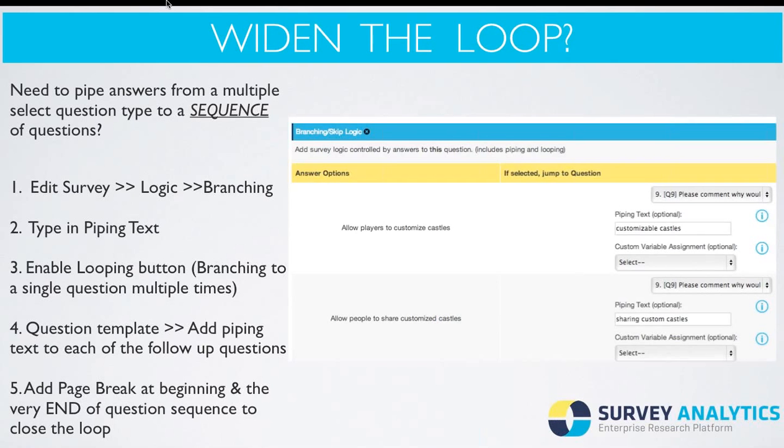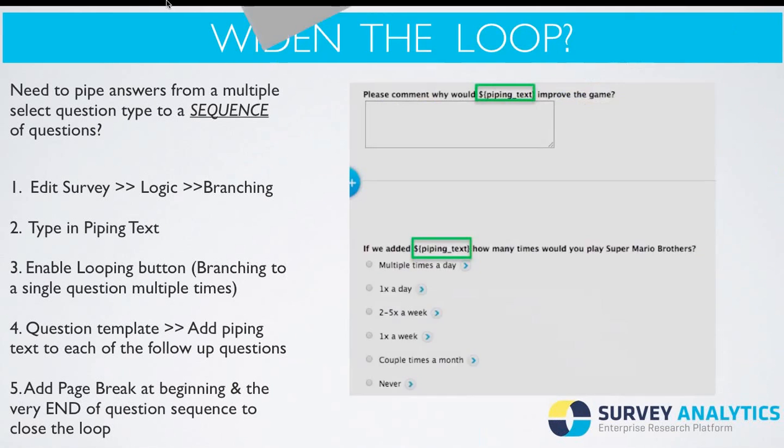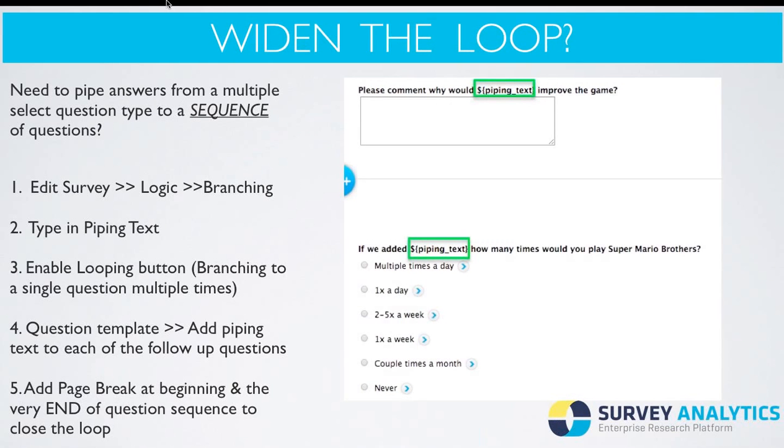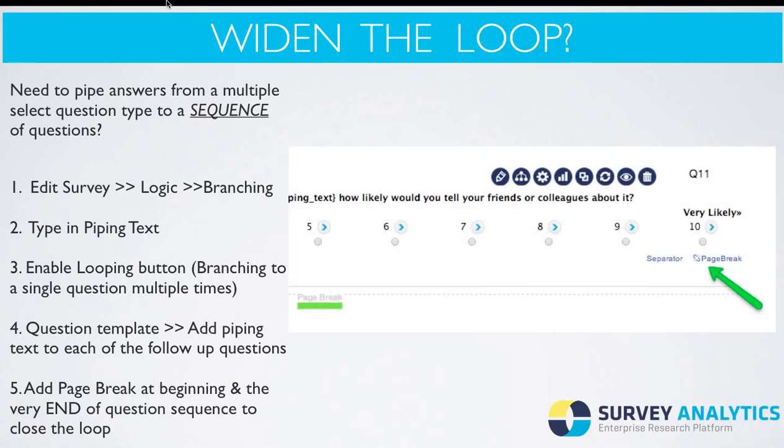And then once you have that up, just add the piping text to each of the following questions that you like. But the key thing, after you add your follow-up questions or your series of follow-up questions within the loop, is to make sure that you turn on the page break at the beginning of the loop and at the very end of the loop to close it.